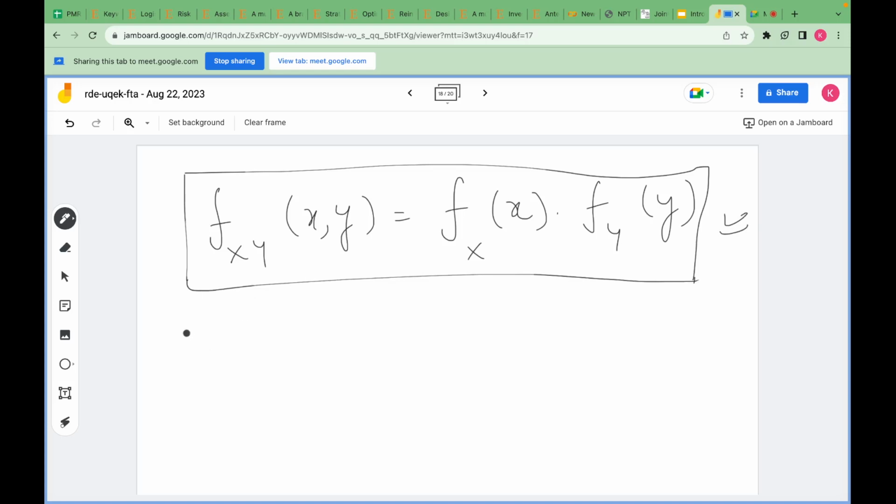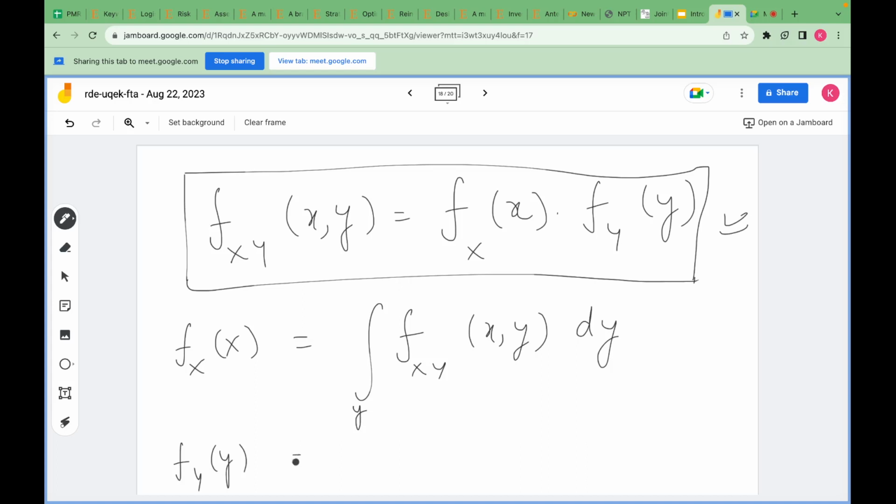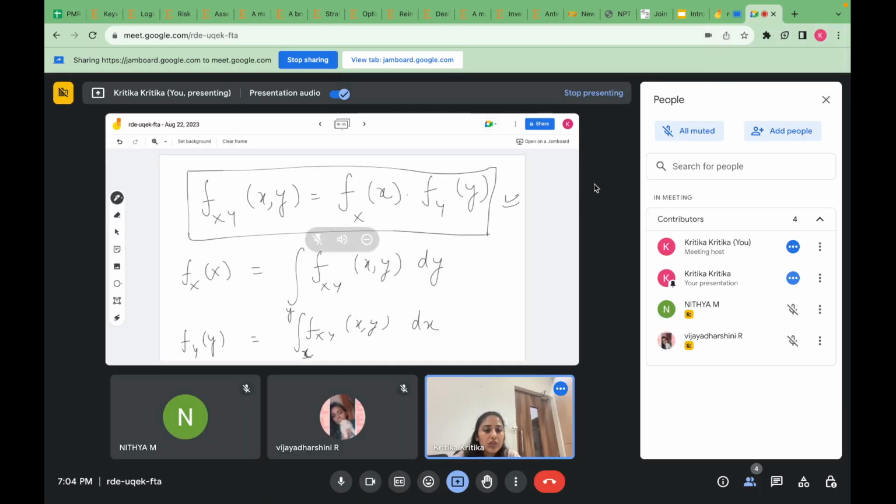Okay, and we also know that fx is nothing but integrating it for y over whole y, and fy is nothing but integrating this joint distribution function for dx over whole x. So I want you guys to try this problem for 5 minutes, and then I will discuss this. Just try to solve using this idea.